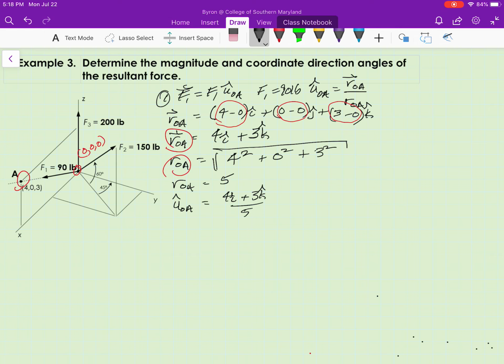Okay, and we said that the vector F sub 1 equals F sub 1, the magnitude of F sub 1, times that unit vector.